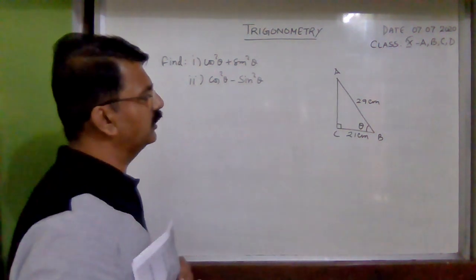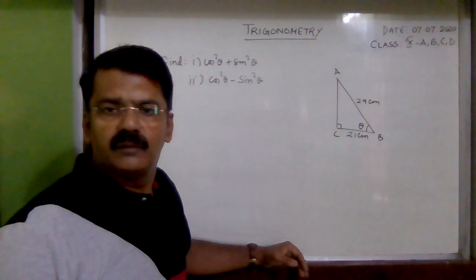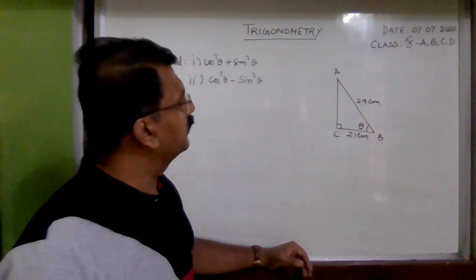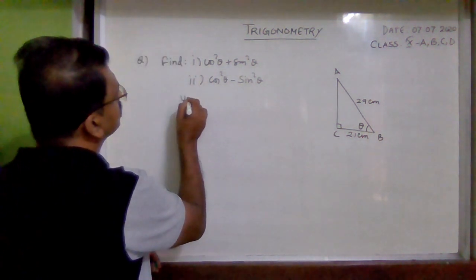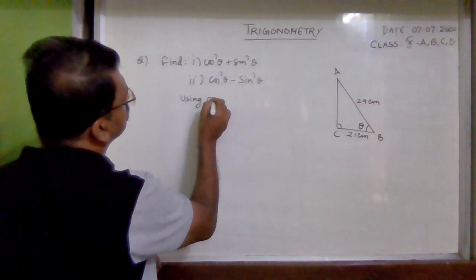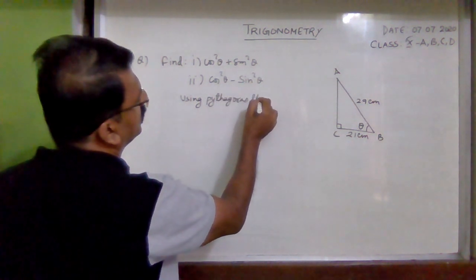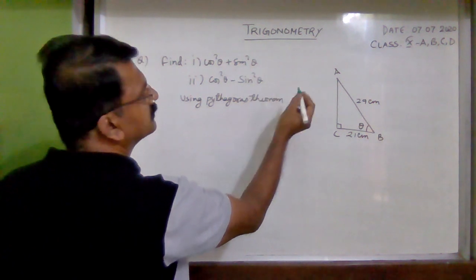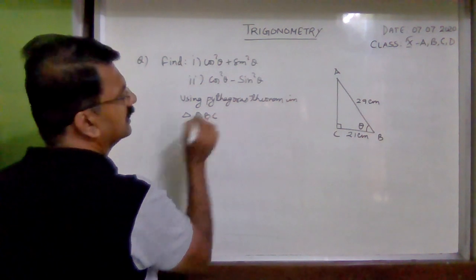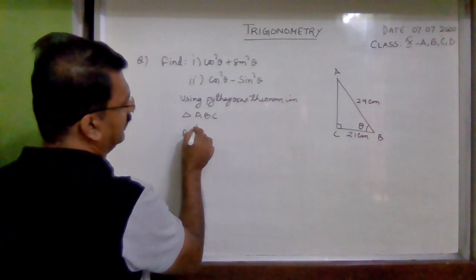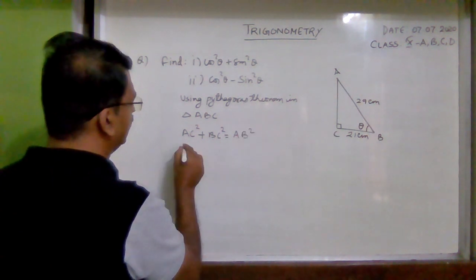So first of all what we do, we apply Pythagoras theorem to find the third side of the triangle, that is AC. So using Pythagoras theorem in triangle ABC, AC square plus BC square is equal to AB square.